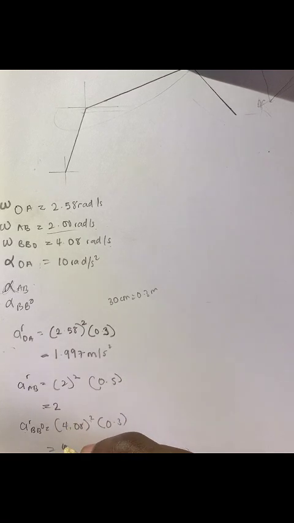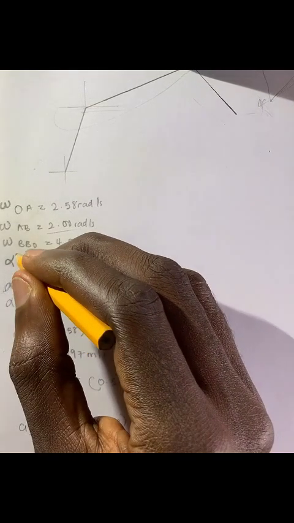This is equal to 4.99, right? 4.99. And yes, I think I've gotten the radial components.